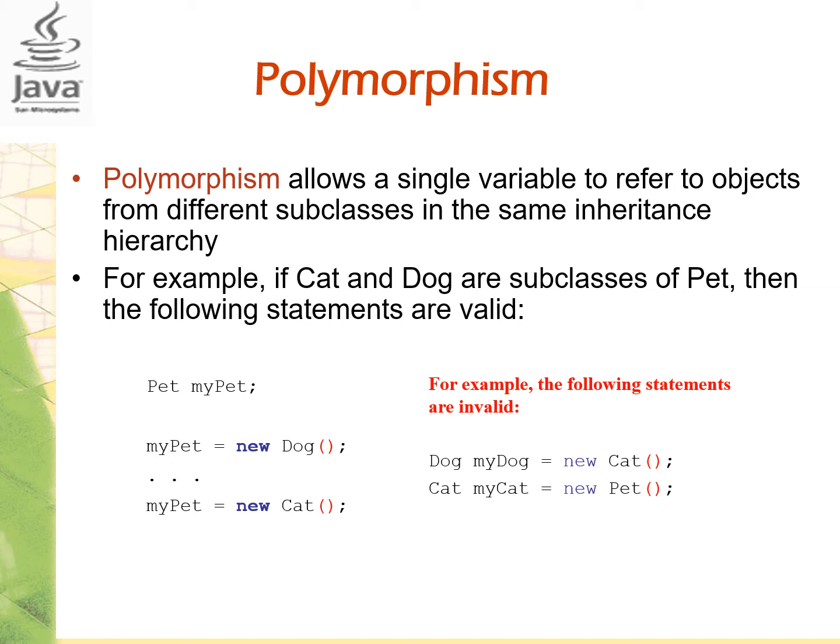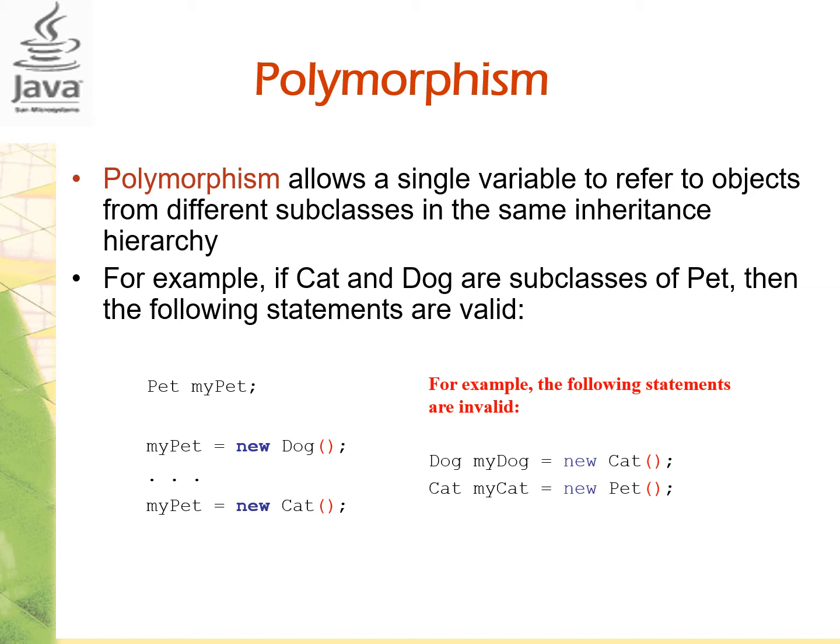But if you put myDog, which is of type Dog, and assign it to new Cat, dog and cat are siblings. They are not related in terms of superclass and subclass, only as siblings. So you cannot do this. When you do this, there will be an error.